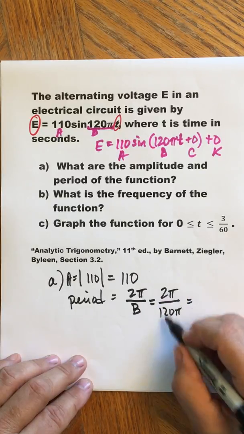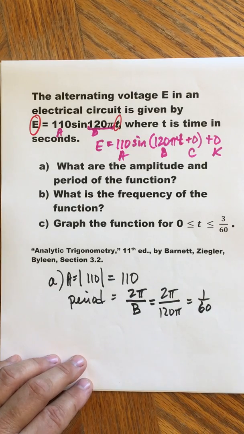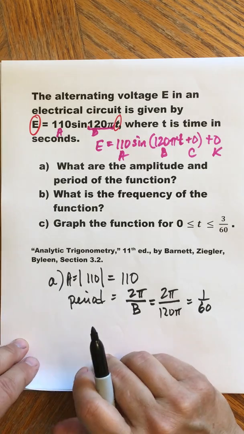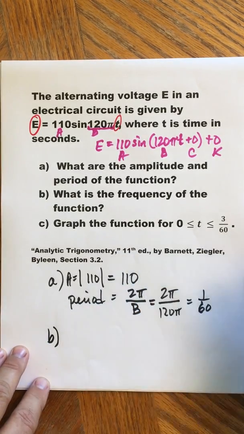The pi's cancel out, and 2 goes into 120 60 times. So 1 over 60 is the period.